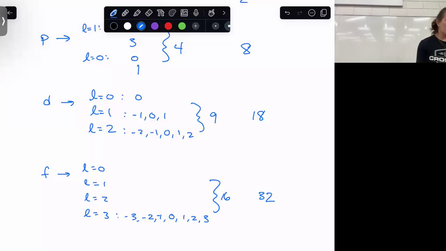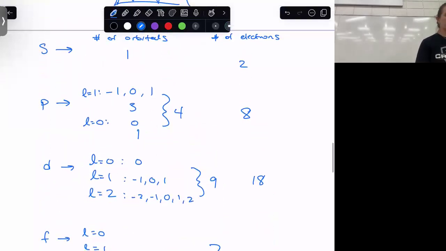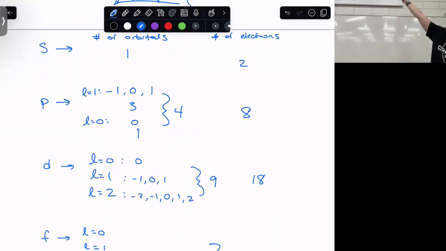Alrighty, to kind of summarize, the S will always hold 2. The P will contain 8 total. It'll contain these guys here, and that's going to be 2p, which is 6 electrons.